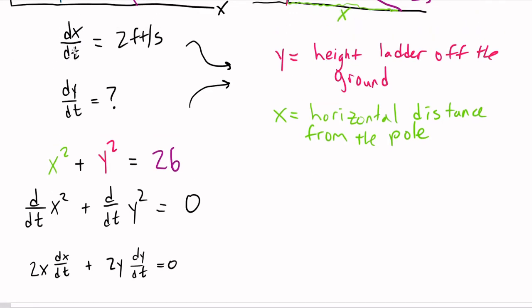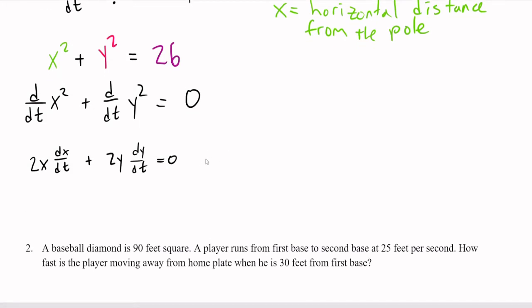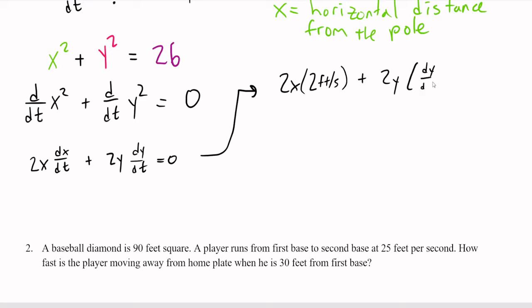I know dx/dt. So we can plug that in. We have 2x, and then this is 2 feet per second. That's the derivative, plus 2y, and then it's dy/dt, which I don't know yet, equals 0. Oops. We don't actually need any of these parentheses.